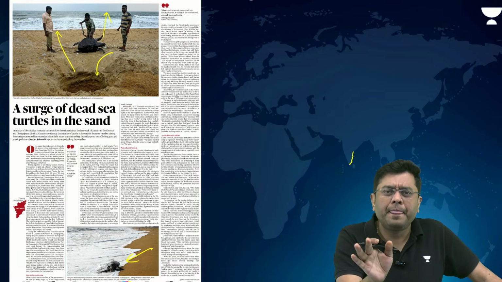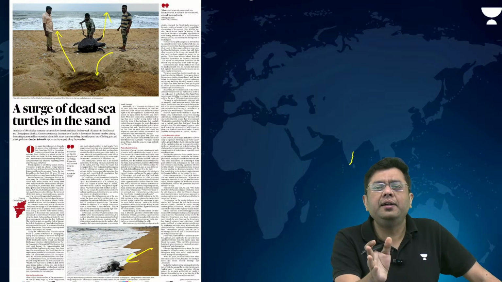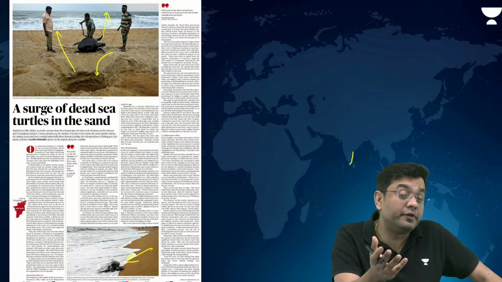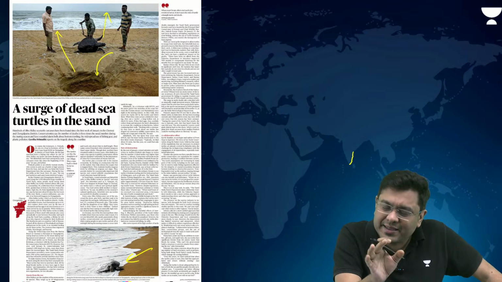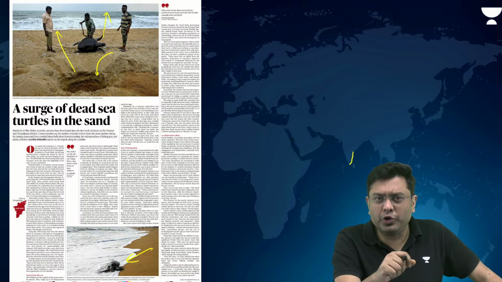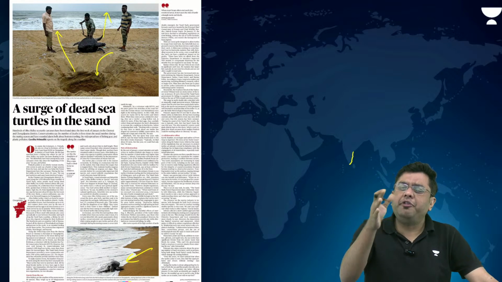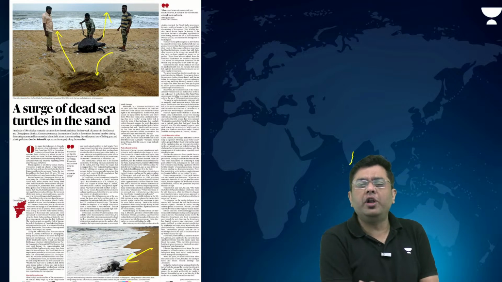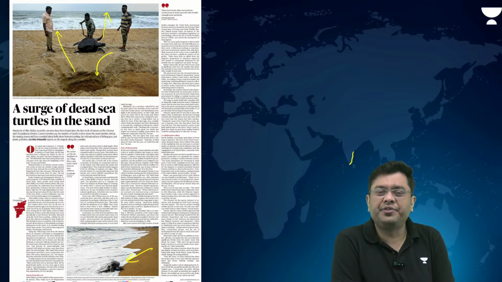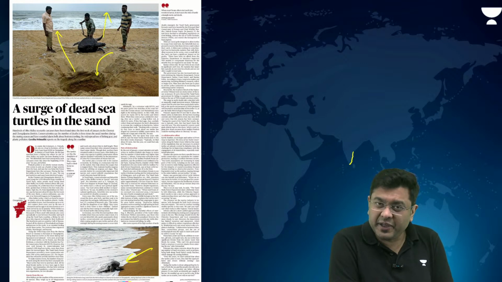Every year it is the norm that you find dead turtles as well, many of them with eggs still in their body. They have not laid those eggs. Every year, roughly 300-350 dead olive ridley turtles are sighted during the season from December to April across our beaches.